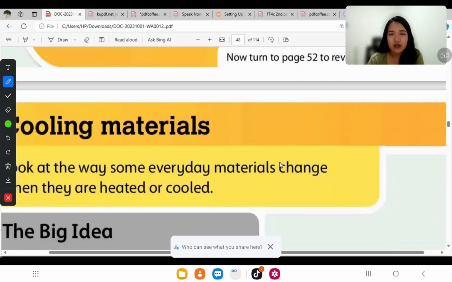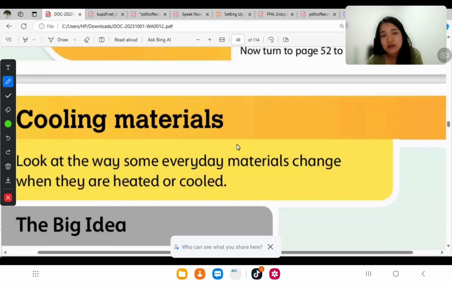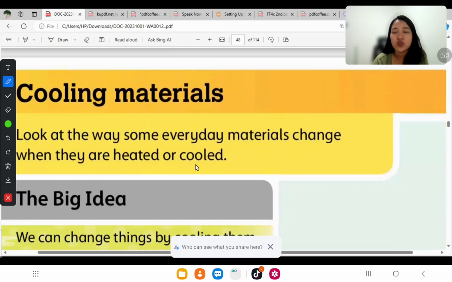So the next step now is learning about cooling materials. We already talked about the way some everyday materials change when they are heated or cooled.